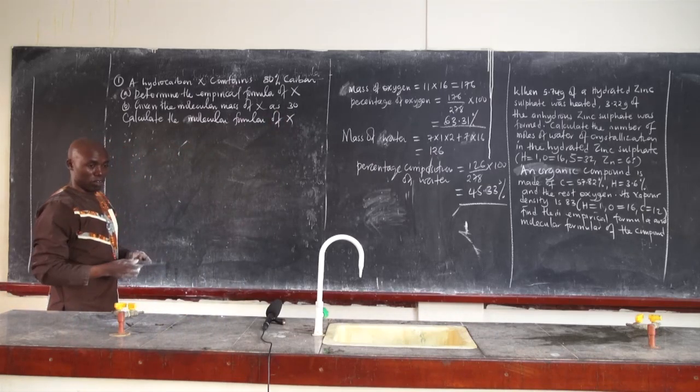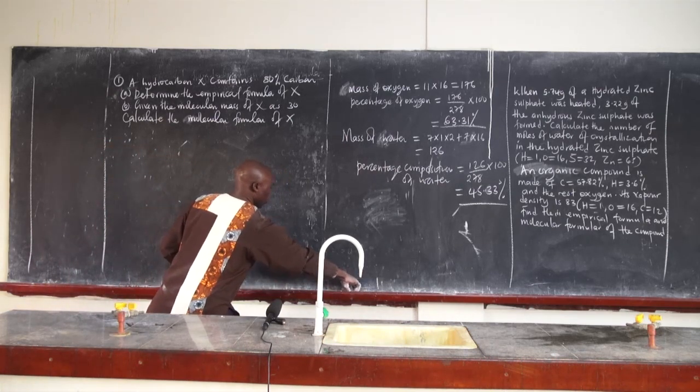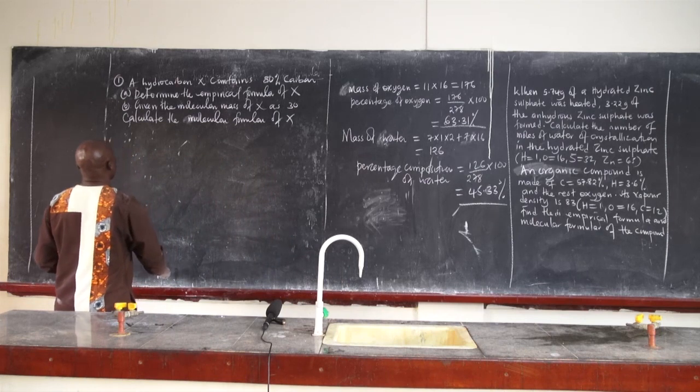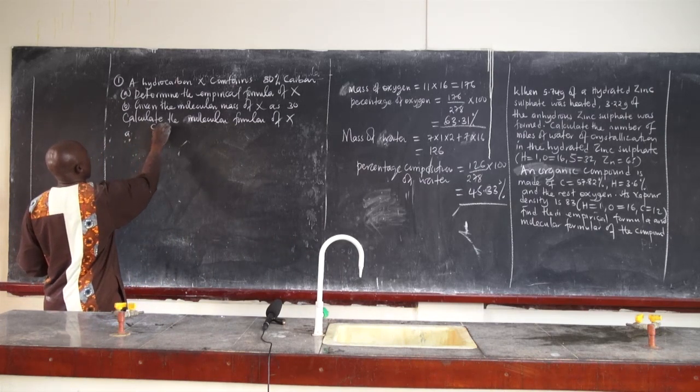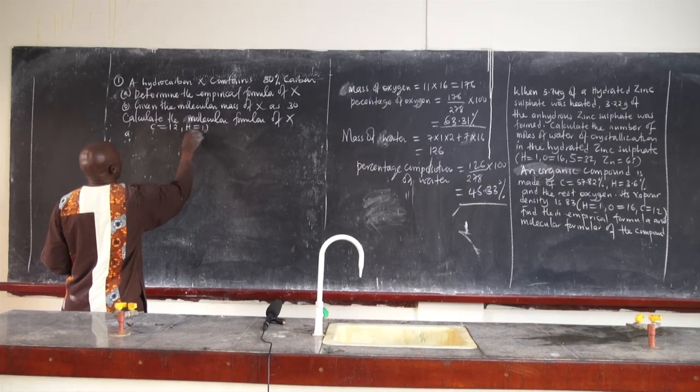To get the empirical formula, let's start with part A. Carbon is 12, hydrogen is 1.